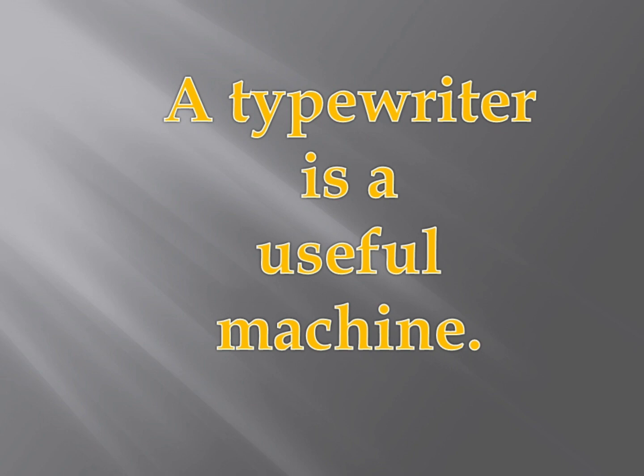So with that definition in our mind, we are going to find out the nouns given in the sentence. Typewriter. It's a noun because it's a name of a thing. Second one, machine. Machine is also a noun because it's the name of a thing as well. So in the given sentence, typewriter and machine are the nouns.